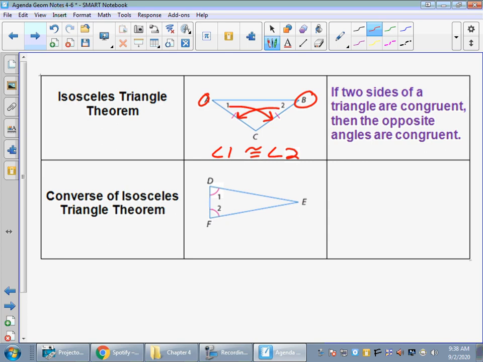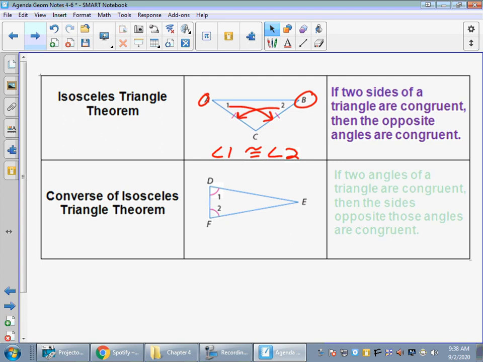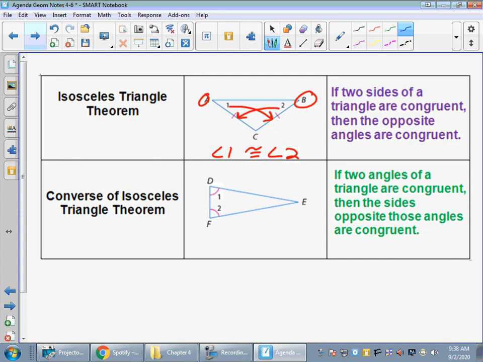And then the converse of the isosceles triangle theorem is just stating it the other way. If you know that two angles are congruent, then the sides opposite those would also be congruent. So in this case, I could say that because angle 1 and angle 2 are congruent, then those sides opposite those, here and here, would have to be congruent.